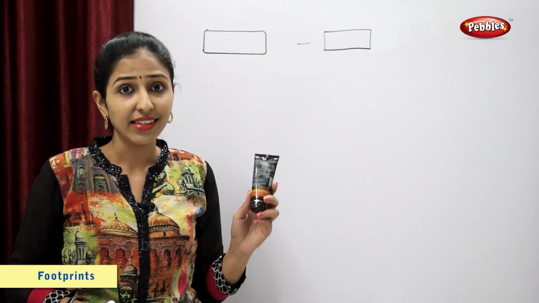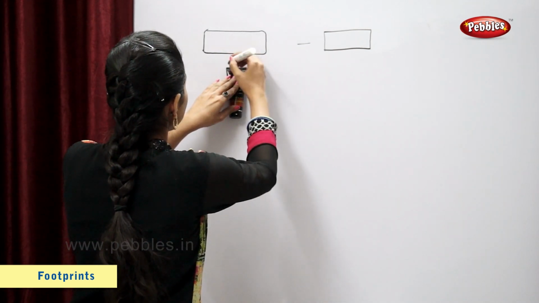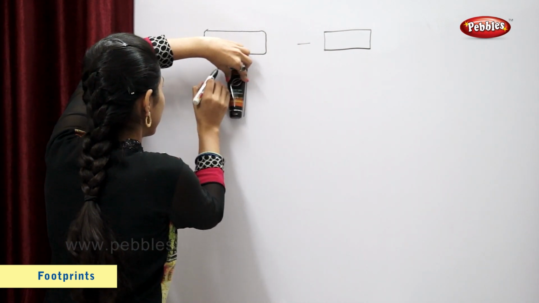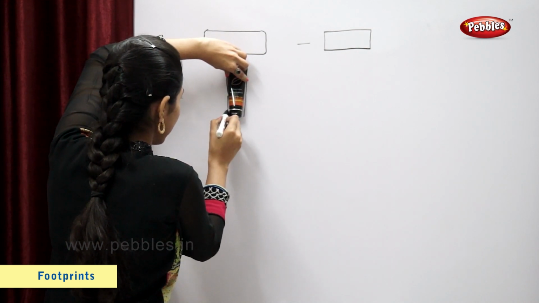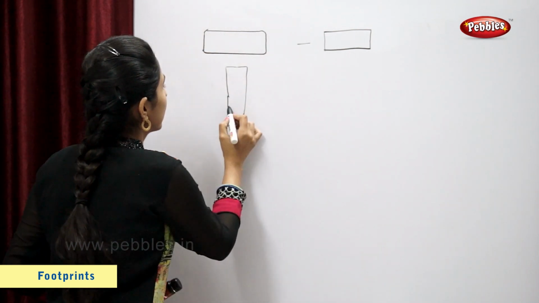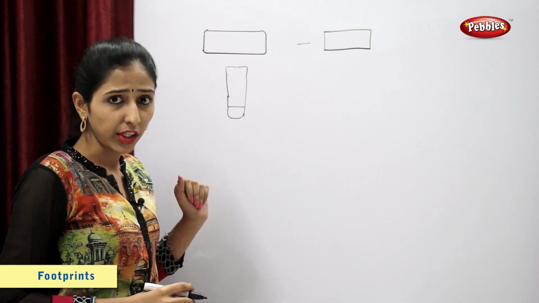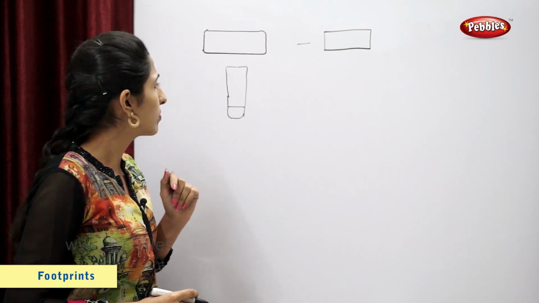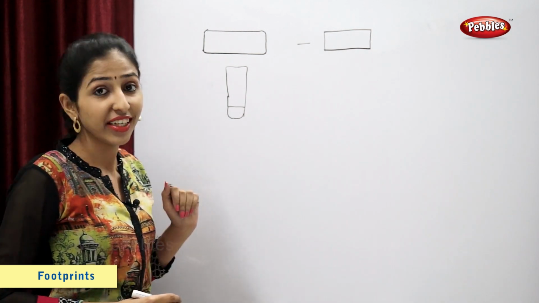Now, let's trace this facial cream. Students, can you relate this to any shape? Think and tell me. I think this looks like a triangle.